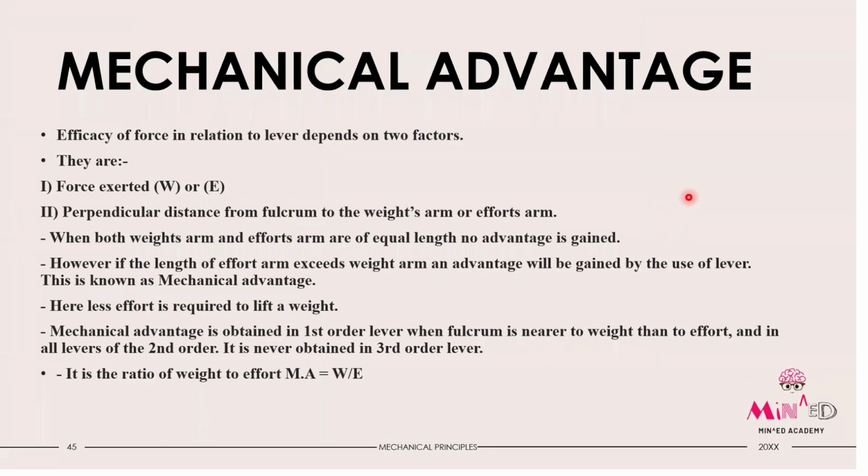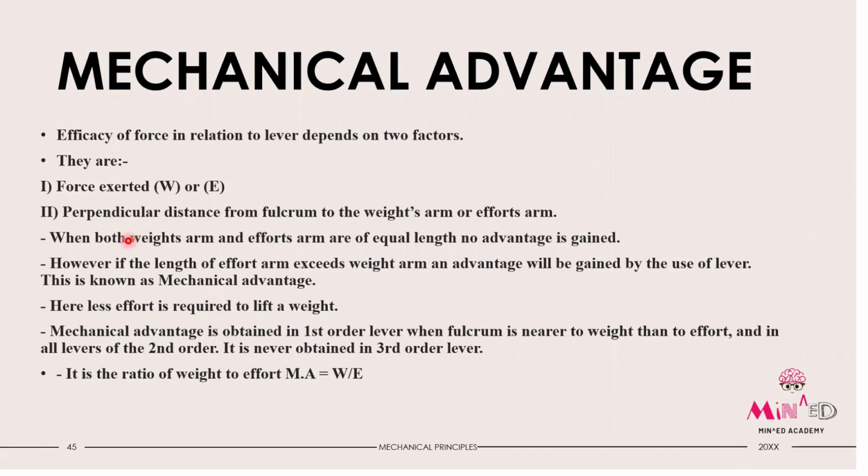So, as already discussed, mechanical advantage. What is mechanical advantage? It is the efficacy of force in relation to the lever, and it depends on two factors: force exerted and the perpendicular distance from the fulcrum to the weight arm or the effort arm. We have two kinds of force, effort and weight, and the distance, that is the weight arm or effort arm.